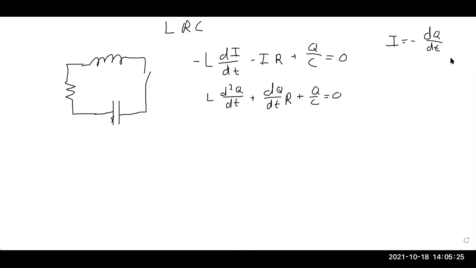Woo. It has the same form that you would get for a damped harmonic oscillator: a mass on a spring going through some sort of viscous fluid. There's some energy dissipation in the system.